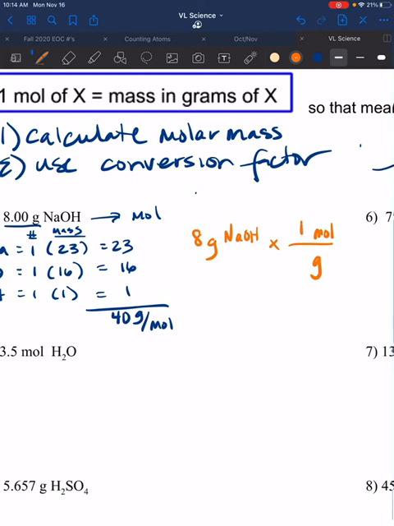It's always 1 mole, and that 1 mole equals, in this problem, 40 grams. So now I can simply cross off my grams, multiply 8 times 1, and then divide by 40, and I'm going to come up with 0.2 moles of NaOH.